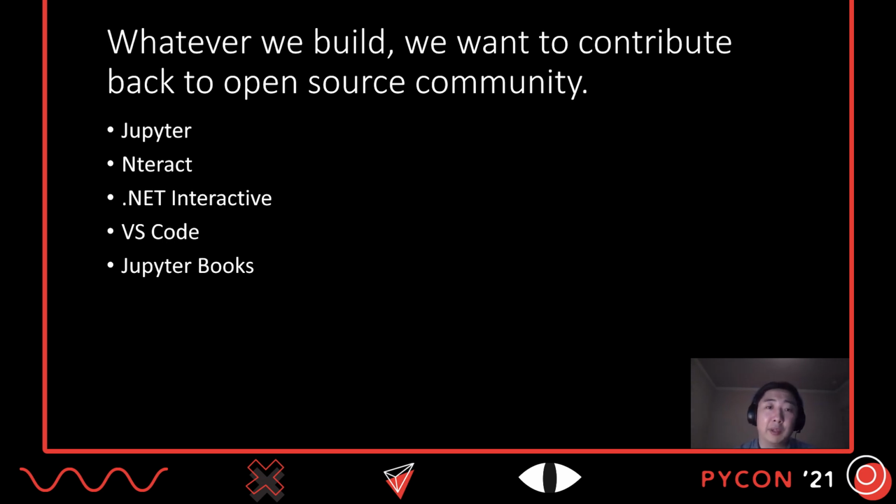And I have also presented at other conferences like JupyterCon in the past to really make sure that things we would like to see that our customers could benefit from could also benefit the rest of the open source community. So we've built things like a SQL kernel that has IntelliSense and syntax highlighting and those types of experiences, and we'd love to make this available for the rest of the community one day, especially through a project like .interactive, which is all MIT licensed and is really working on this polyglot story.